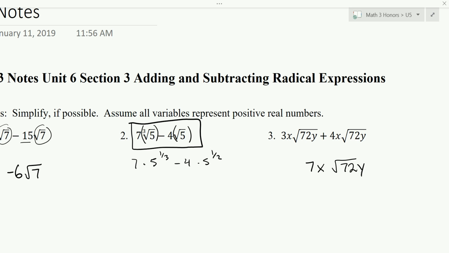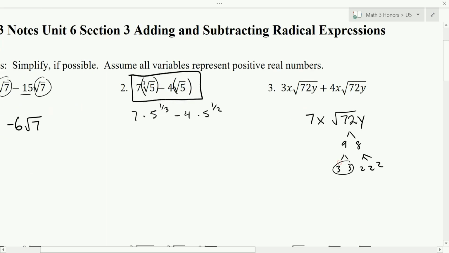Can I break that 72 down and simplify this further? And 72 is 9 times 8. Or you could do 36 times 2, which might be easier to work with. 9 is 3 times 3. 8, you got 2 times 2 times 2. And so definitely we're going to be able to simplify this further.